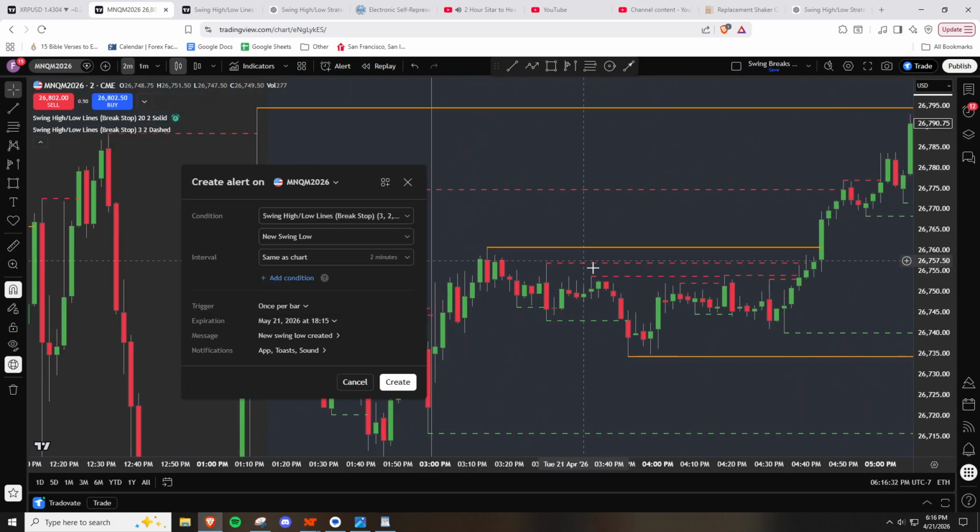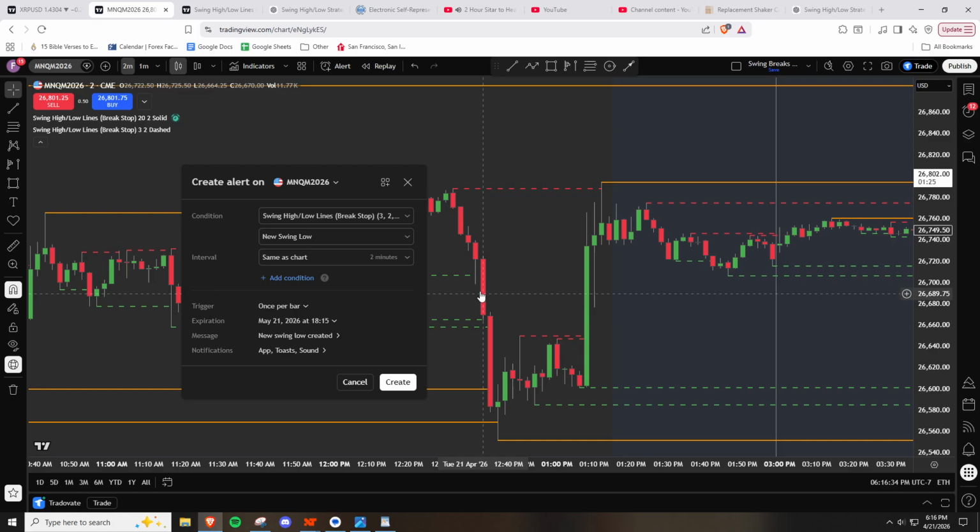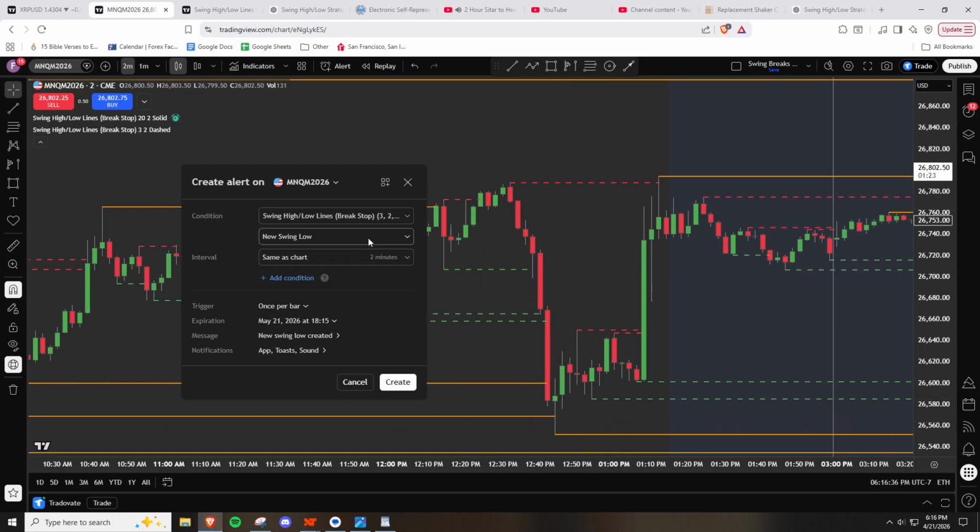In the case where a swing low is made and broken, swing low broken, I get alerted. Okay, now I want to know when a new high is created. So price comes down, breaks the swing low.